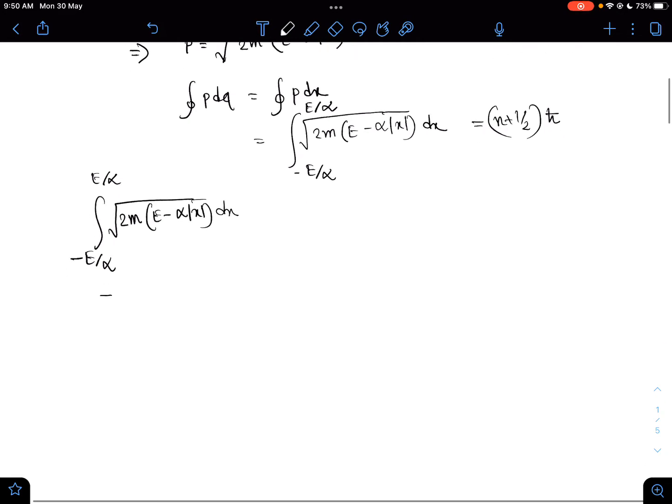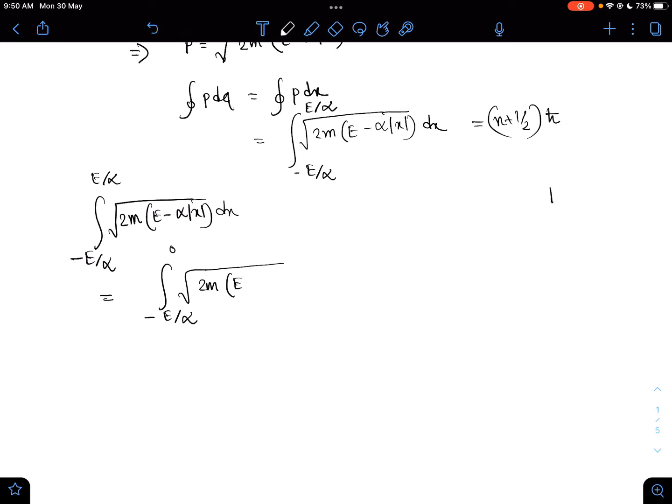So we can write this as from minus E by alpha to 0, in this limit mod x, we know that it is x for x greater than 0 and minus x for x less than 0. So here it will be minus x. And in the other integration limit, mod x will be plus x. So we will get this integration.